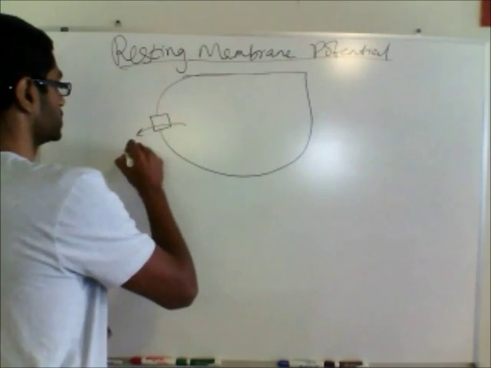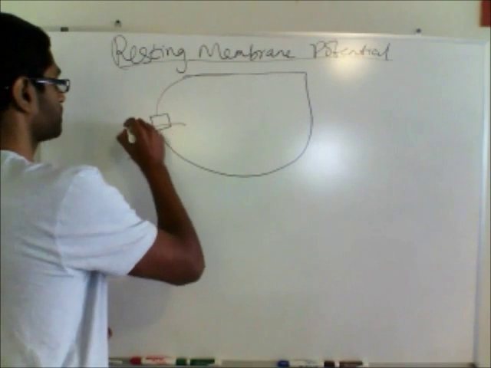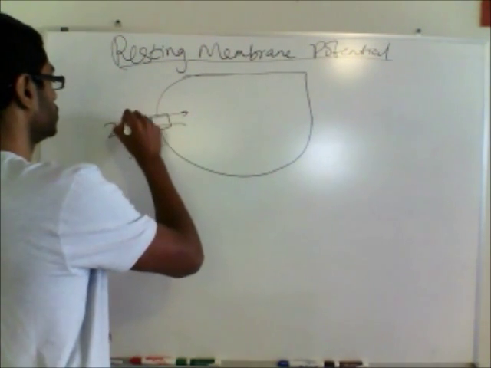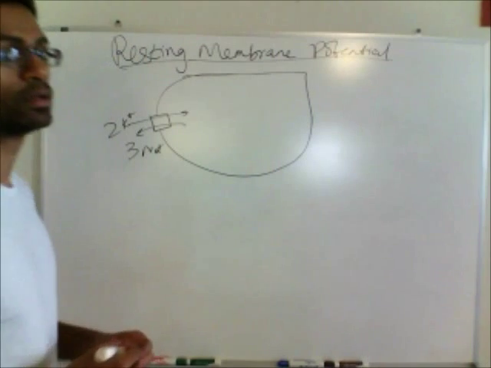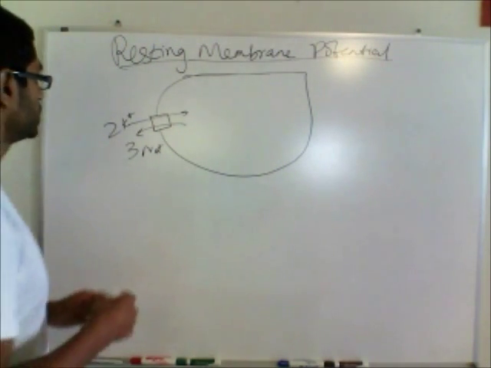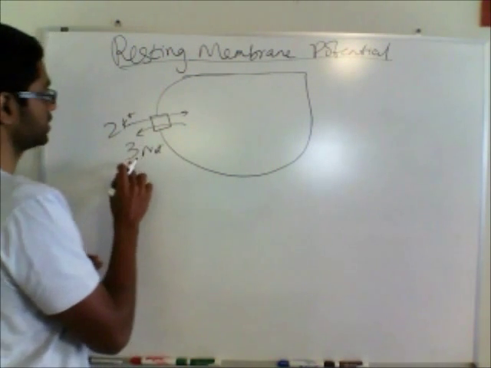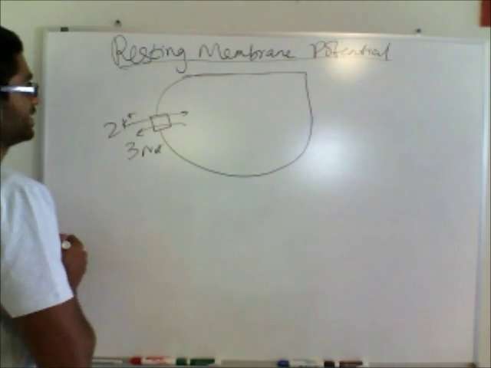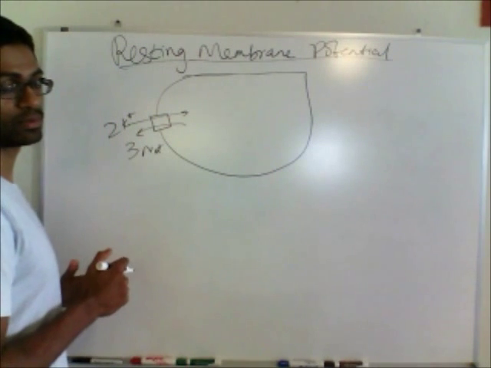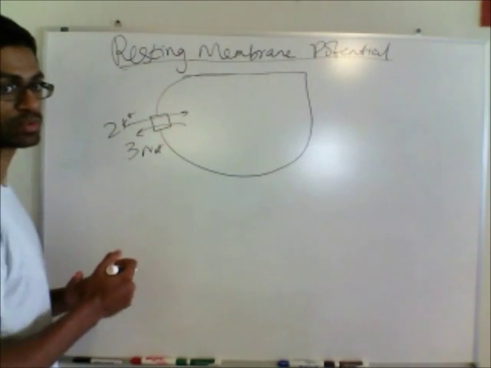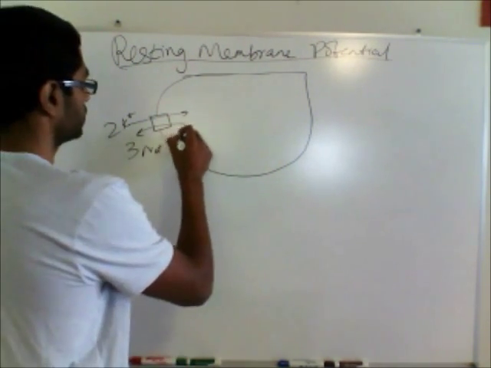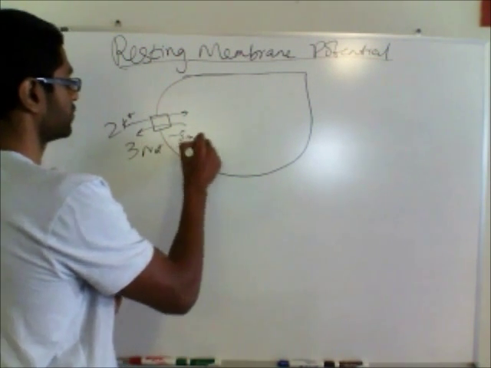So it's 3 sodiums out and 2 potassiums in. Doing that produces a net negative transmembrane potential, say around -5 millivolts.